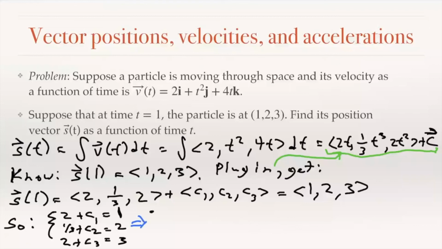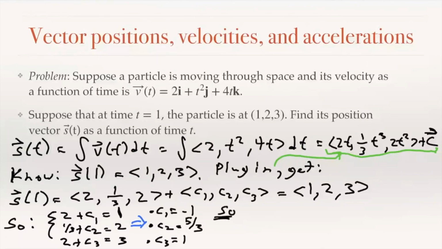So c1 is -1, c2 is 2 minus 1/3, which is 5/3, and c3 is 1.